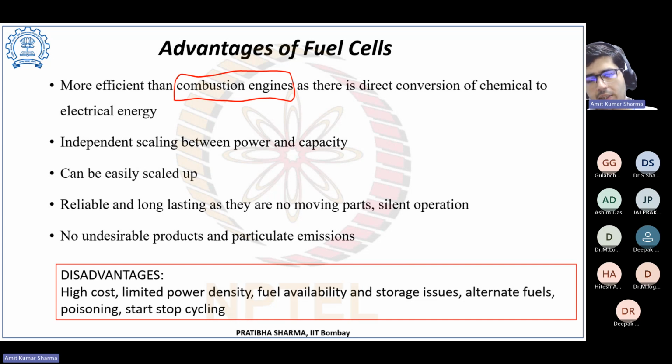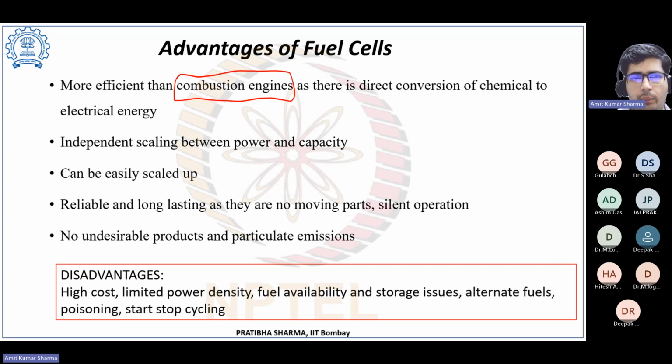And how do combustion engines work, how do they convert the energy? From chemical energy, then heat energy, to mechanical energy. In a combustion engine we use a fuel that has chemical energy.